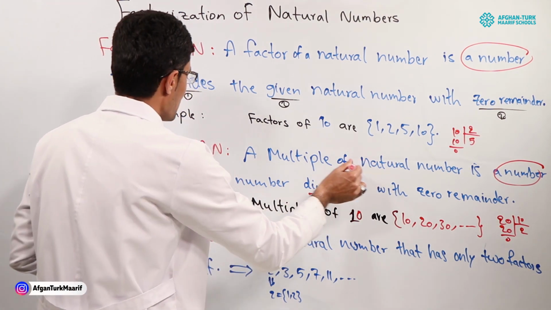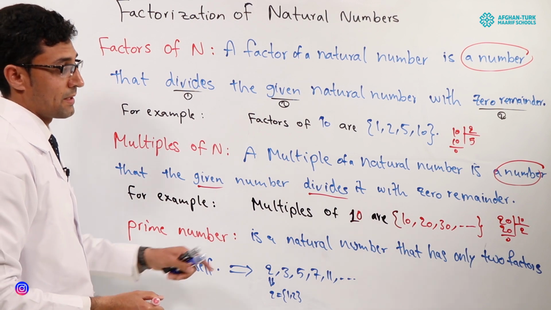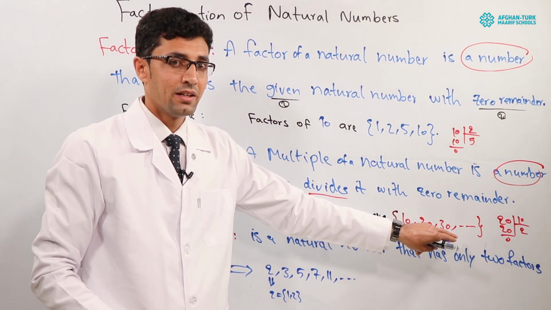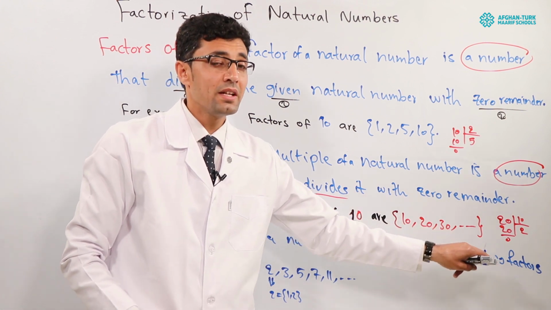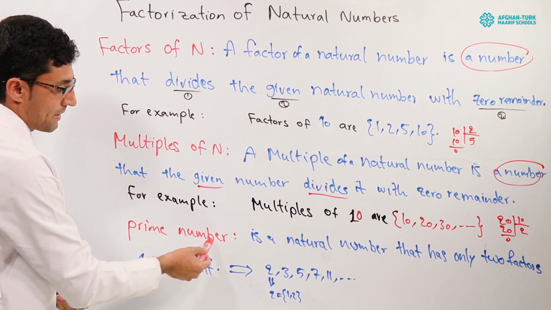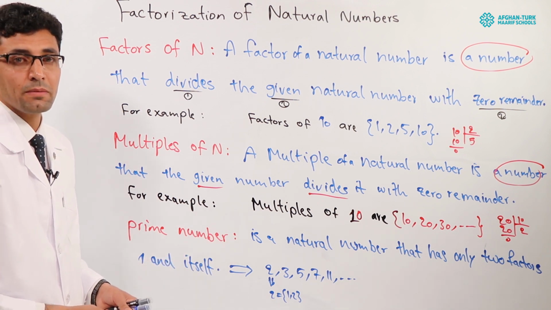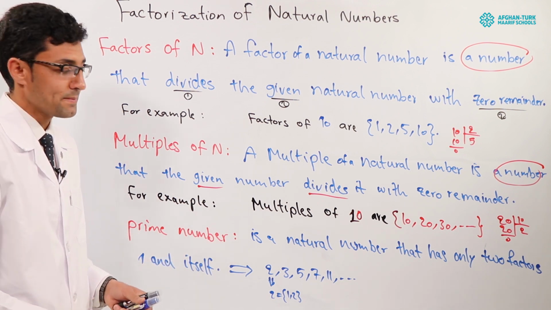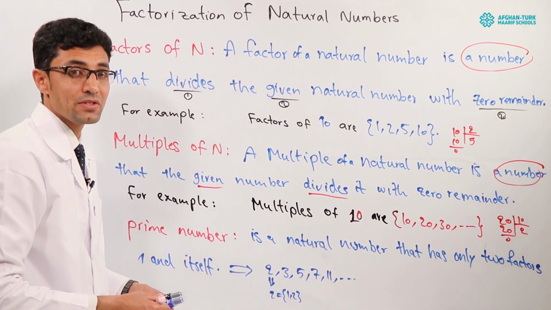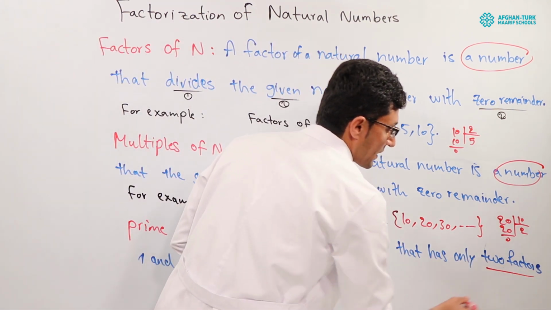Excellent. Now you know multiples of a natural number. How many multiples of a number are available? There are infinitely many. Now I teach you prime numbers. What is a prime number? A prime number is a natural number that has only 2 factors.